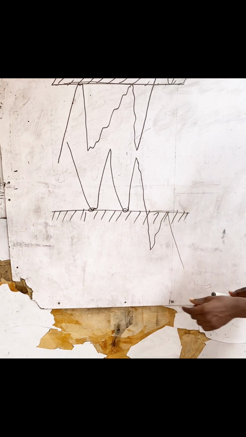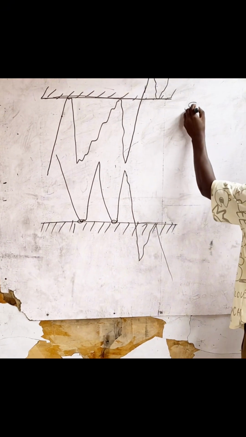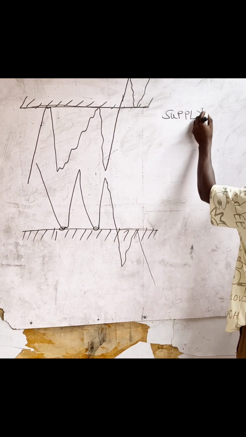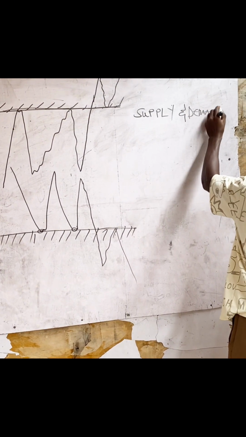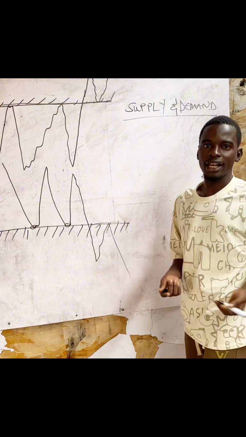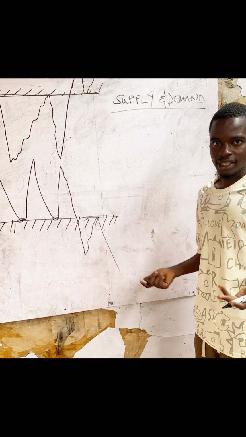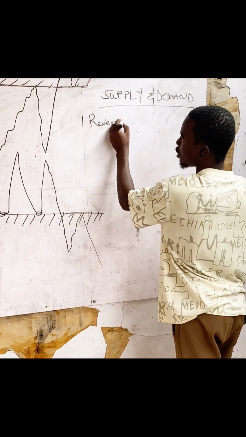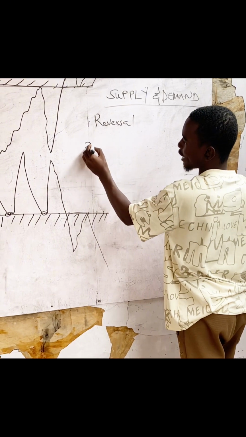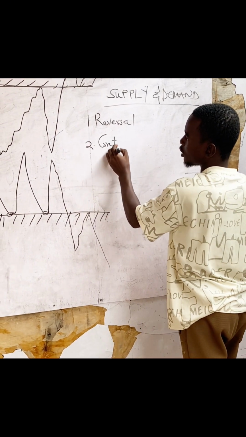Okay, so supply and demand. To trade supply and demand, you have two patterns. One is the reversal, and the second one is the continuation.